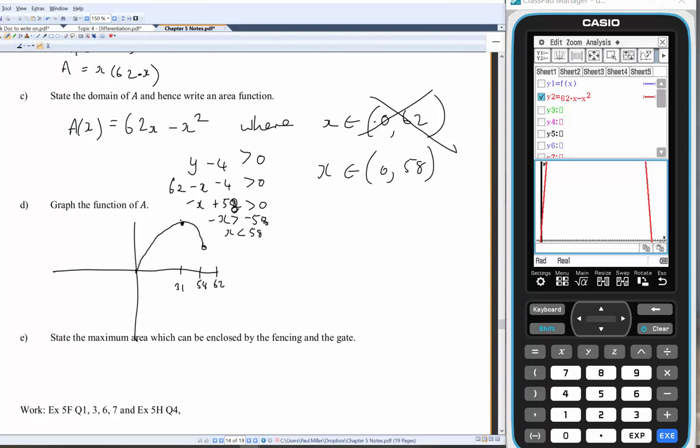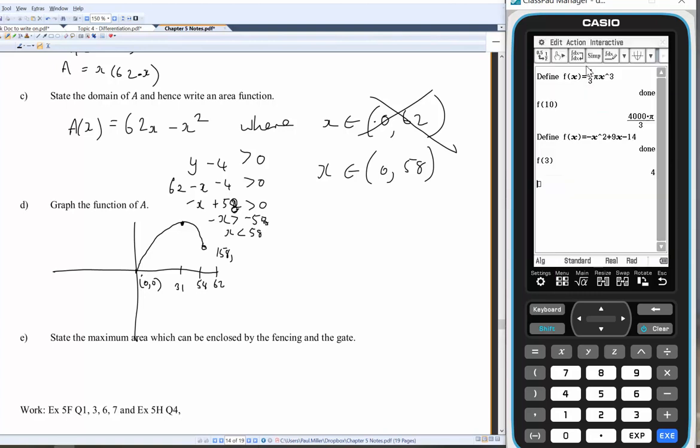All right, so we need to list the key features. So 31 needs to be listed. X-intercept is 0, 0. And this one here is going to be 58, comma. Let's quickly do that. 62 take x, take, I did it again.